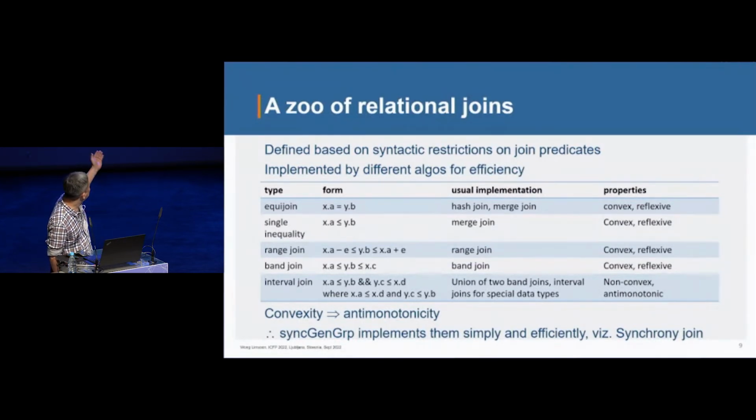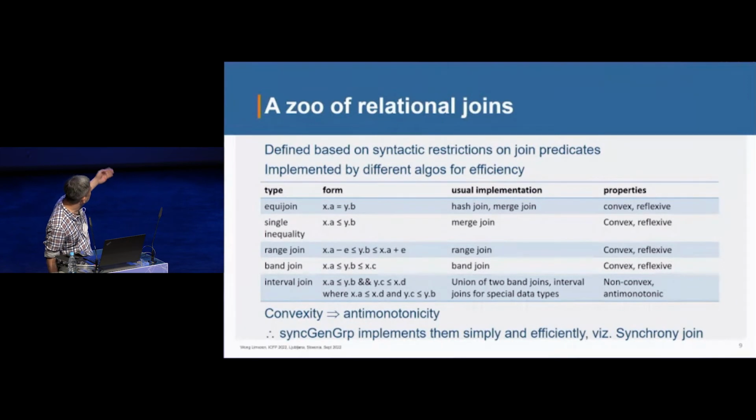And if you have an inequality test, a single inequality test, then your database system will execute it using a merge join. And if you have something like, y is between x plus minus some epsilon, then it is a range join, and a database system will choose a range join algorithm to execute it.